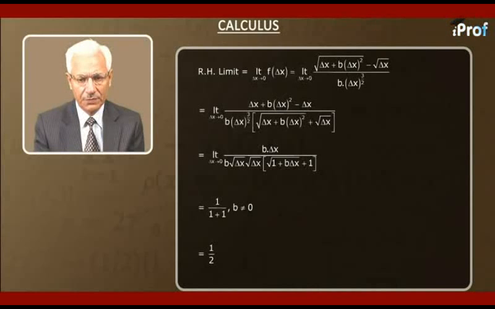The limit becomes 1 upon (1 + 1), which is equal to 1 by 2, and b is not equal to 0.